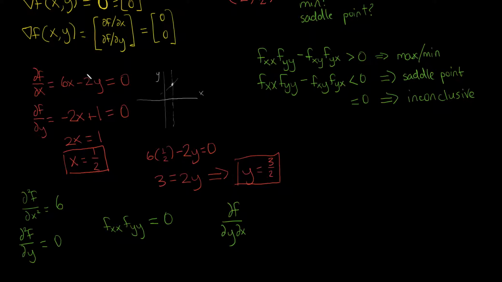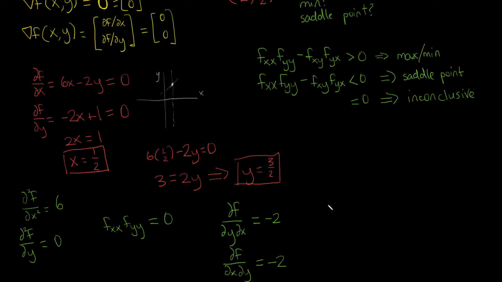Negative 2y goes to negative 2, and the 6x looks like a constant, so this equals negative 2. The partial derivative of f with respect to first y, then x, asks us to take the partial derivative with respect to x of this expression, and negative 2x goes to negative 2. So we get, again, negative 2.